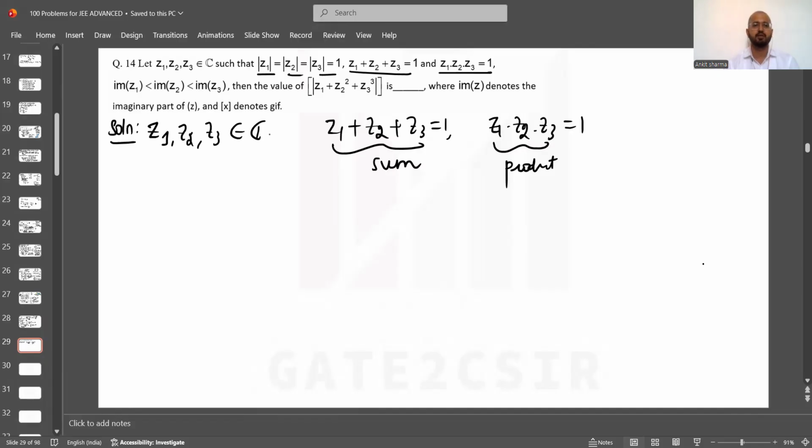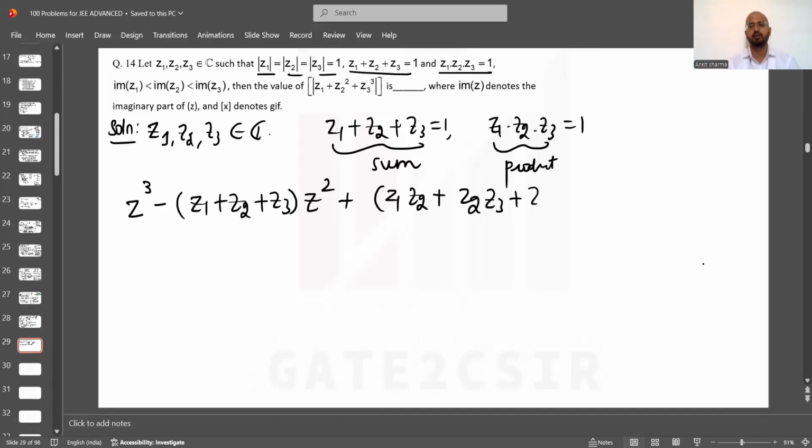So we can apply Vieta's formula and construct a polynomial: Z cube minus (Z1 plus Z2 plus Z3) into Z square, plus (Z1 Z2 plus Z2 Z3 plus Z1 Z3) into Z, and then minus Z1 Z2 Z3 is equal to 0.